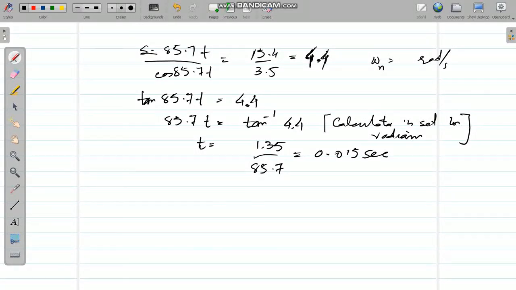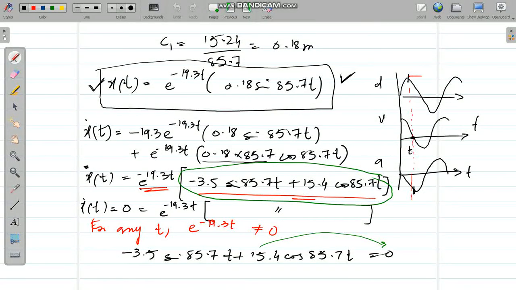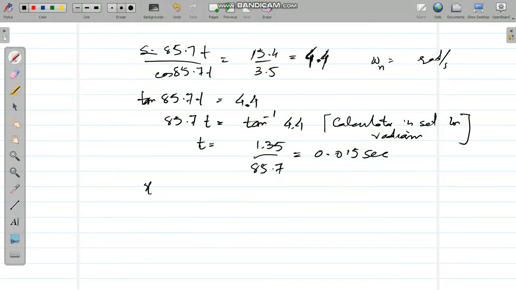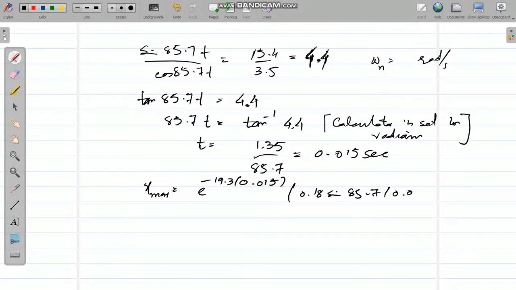So if you put the time in the displacement equation, you get x max equals e minus 19.3 times 0.015, into 0.18 sine of 85.7 into 0.015.